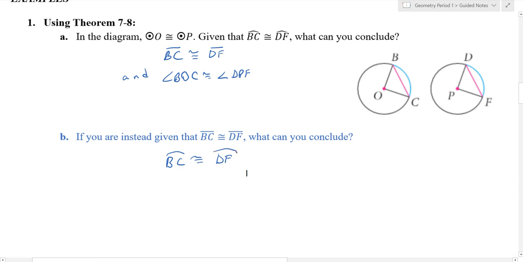All right. We can also say that angle BOC is congruent to angle DPF.